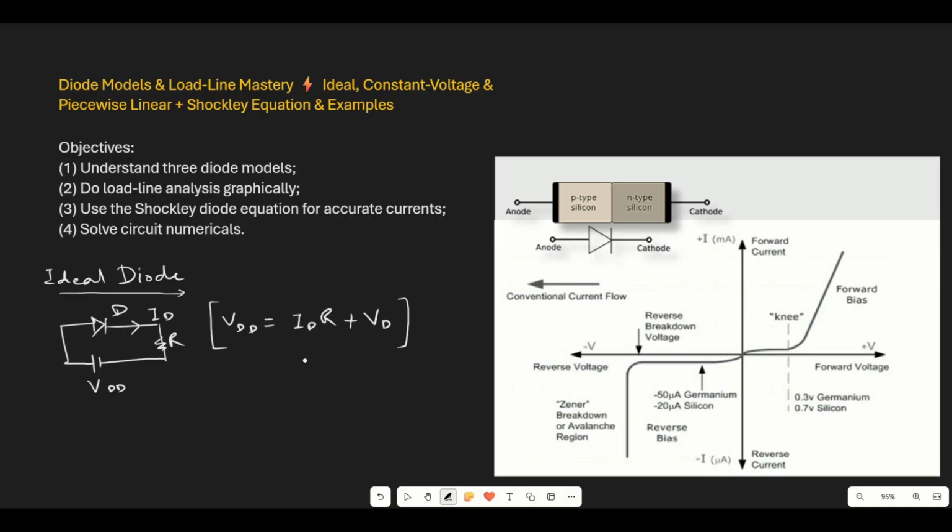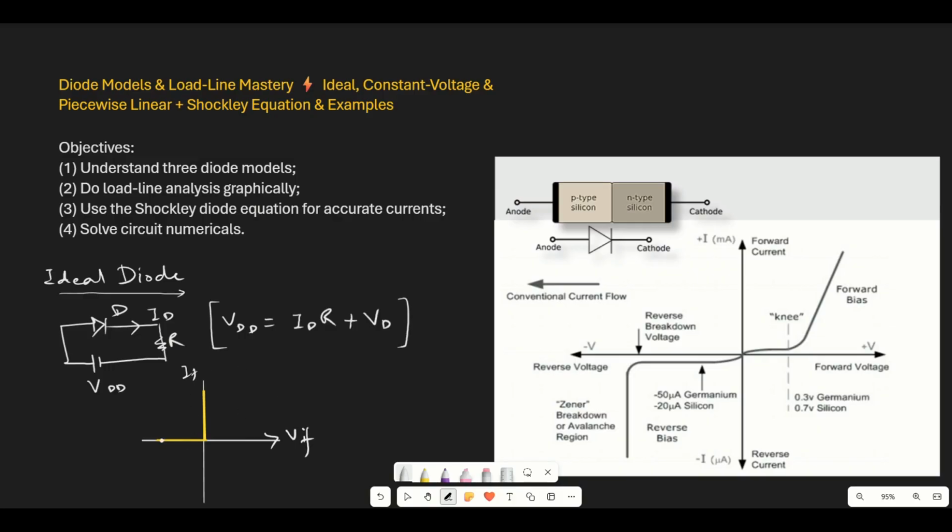Now let us consider an ideal diode and see the corresponding response. If we plot the response of the ideal diode, in forward bias it should conduct current immediately, and in reverse bias it should not conduct any current. This would be the graph for the ideal diode, where this axis is the forward bias voltage and this is the forward bias current.